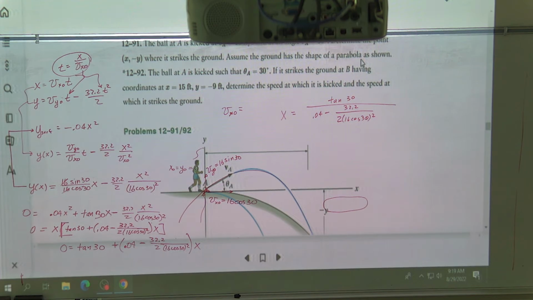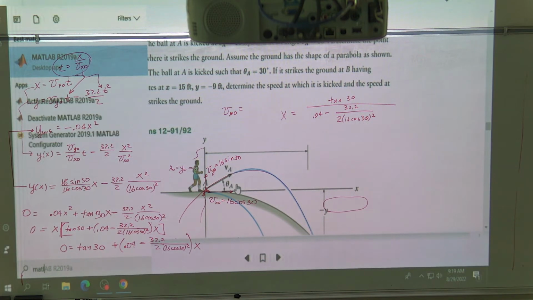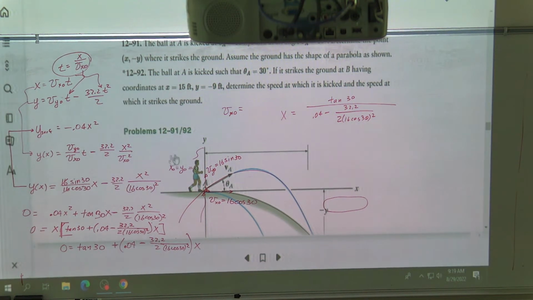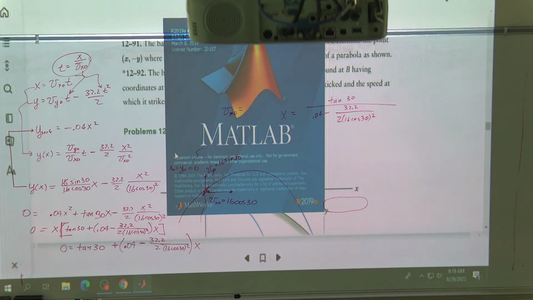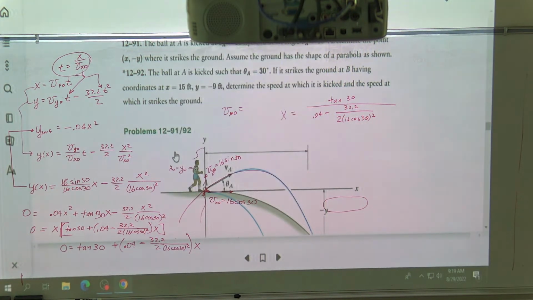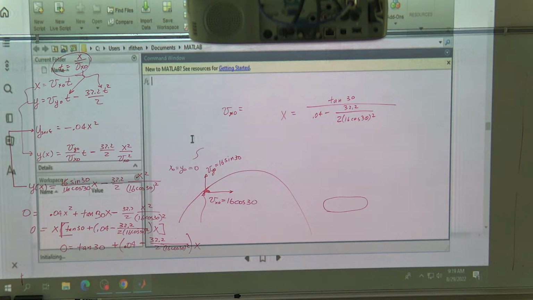It'll take a minute to come up, maybe more than a minute. I'll bring up MATLAB in the meantime. If it'll come up. Okay, so I got that. Let's see.